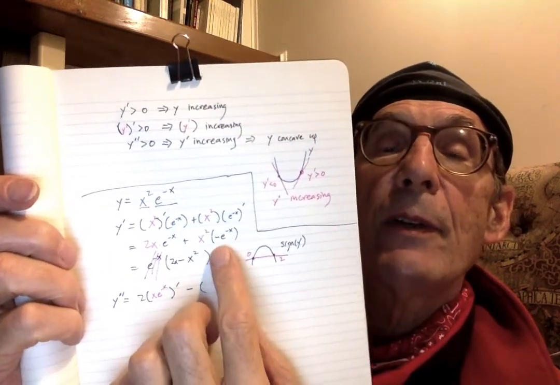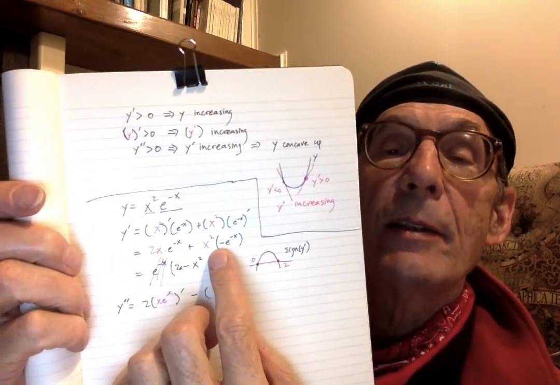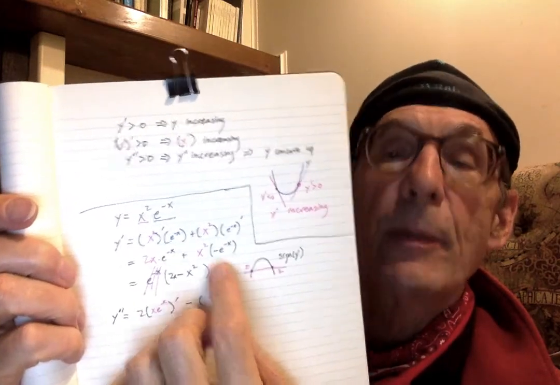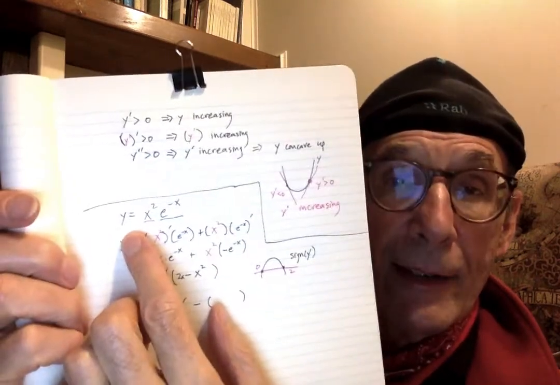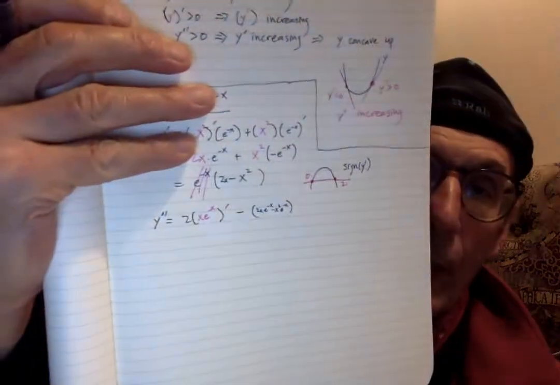I need to take the derivative of minus x squared e to the minus x. Well, I already did that, so I'm just going to copy it in. So when I copy it in, it's just what we had before, 2x e to the minus x minus x squared e to the minus x. Well, the writing's getting kind of small, but it's there. Remember, I'm going to scan this so you can look at it.